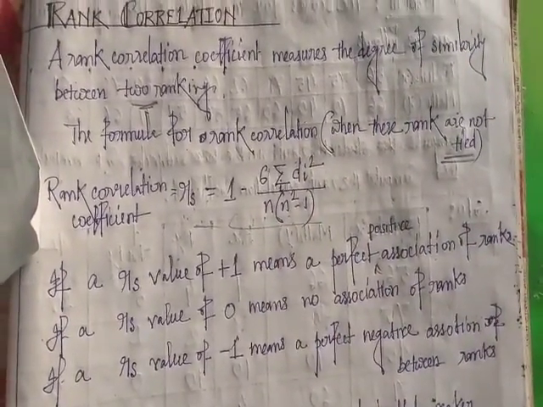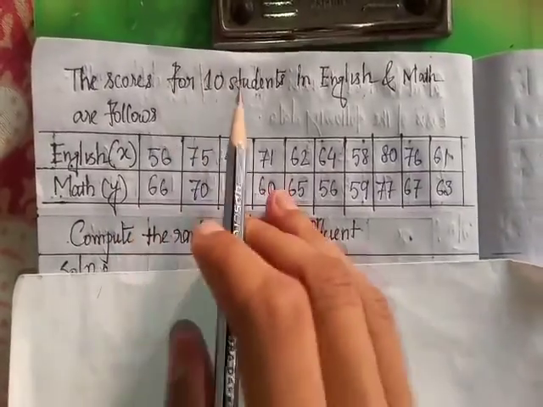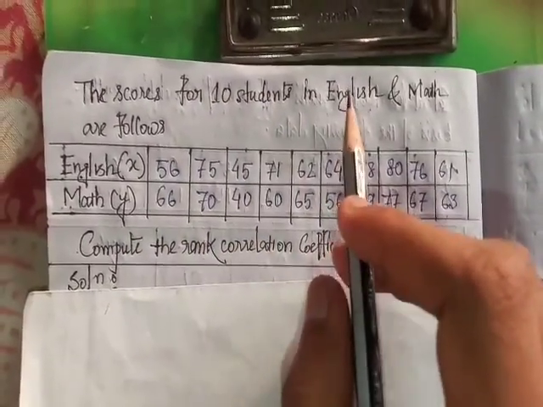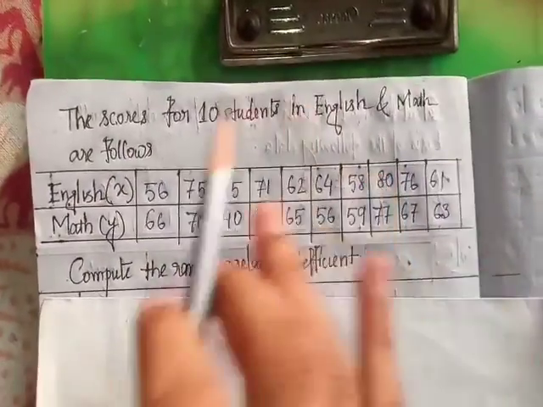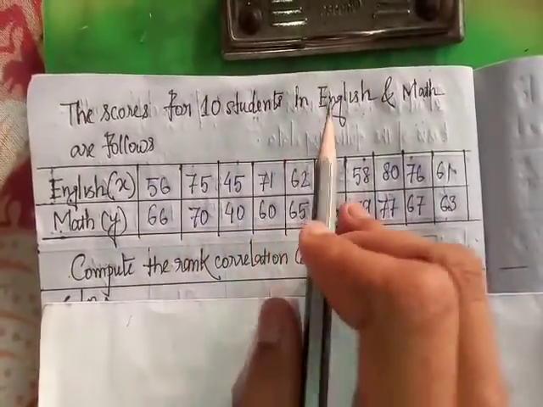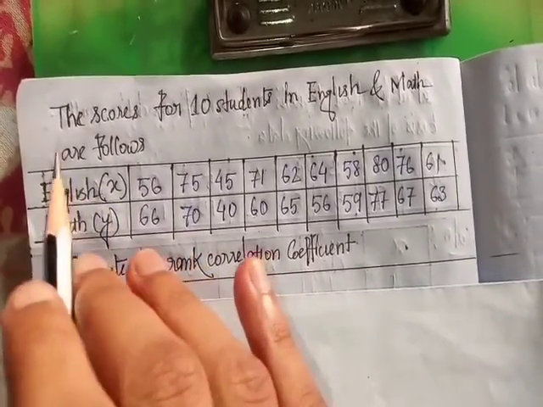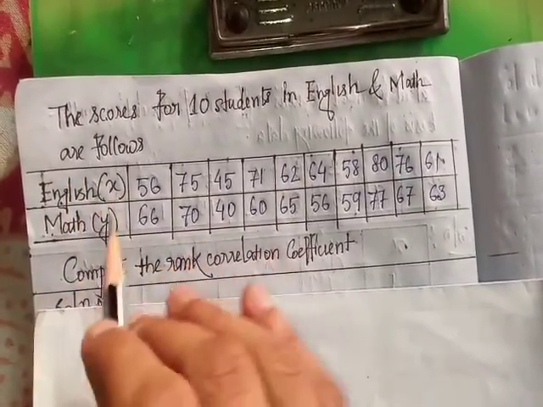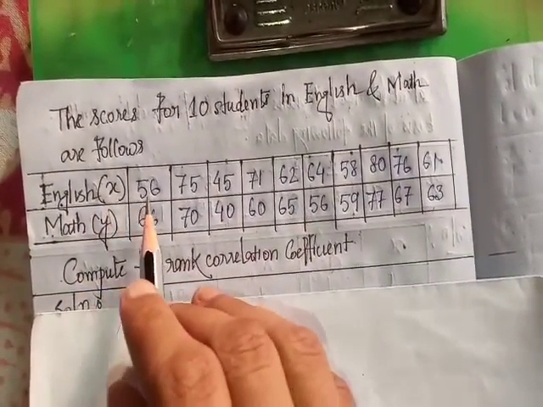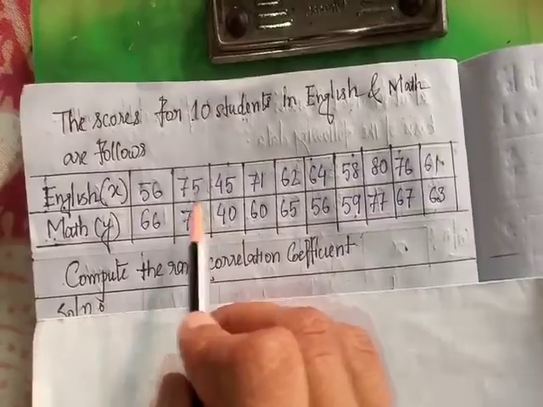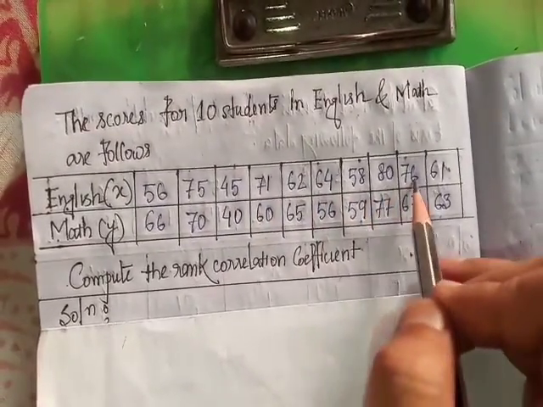Now we discuss a problem. The scores for 10 students in English and maths are as follows. Let us denote English by X and maths by Y. X: 56, 75, 45, 71, 62, 64, 58, 80, 76, 61.